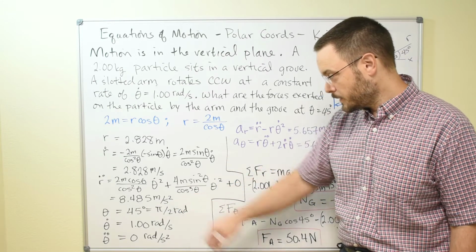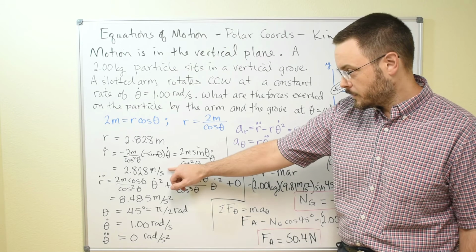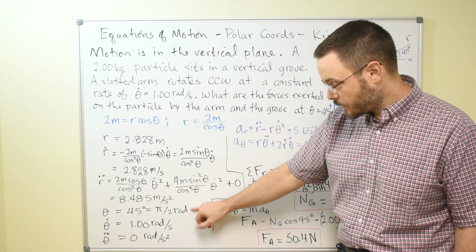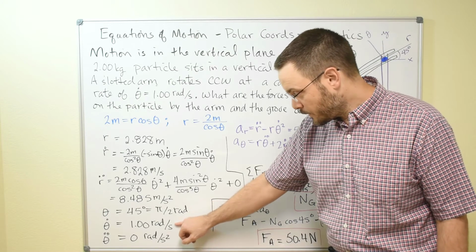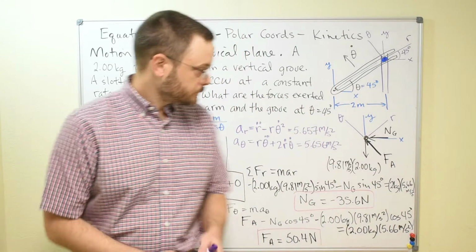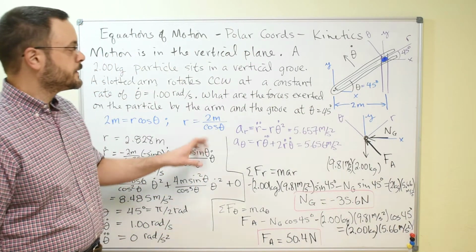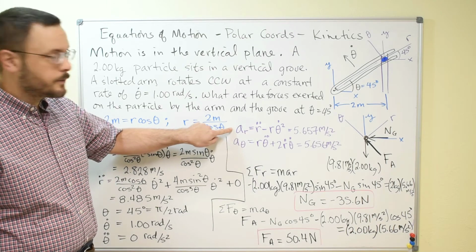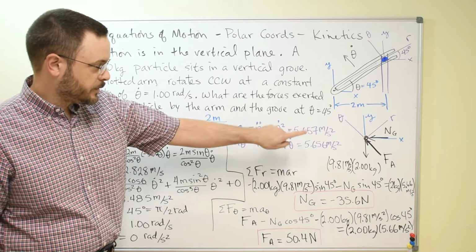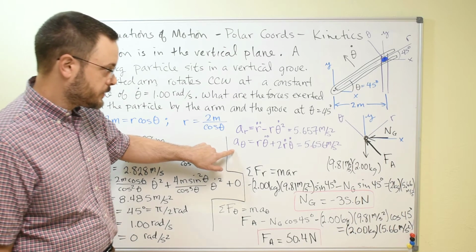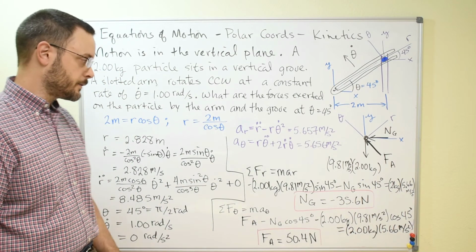So plug that in, get that value for r dot, and then just write down the values for theta, theta dot, and theta double dot from the problem statement. Then, just like with the kinematics problem, we write our acceleration in the radial component and just plug in our values, and our acceleration in our theta direction or transverse direction, and then just plug in our values.